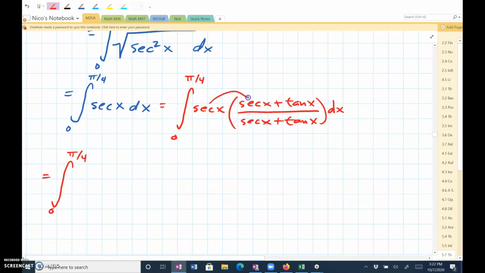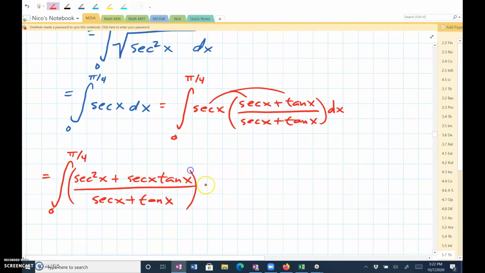If I multiply through here, this is going to be secant squared x plus secant x tangent x all over secant x plus tangent x dx. Then I'm going to let the denominator equal u, then take the derivative of u with respect to x.